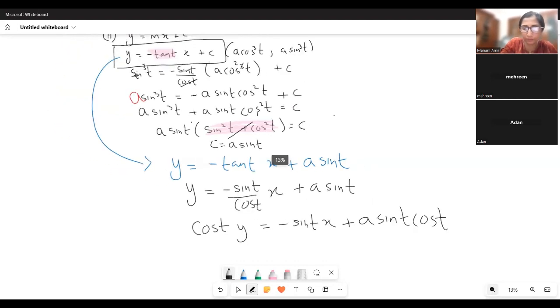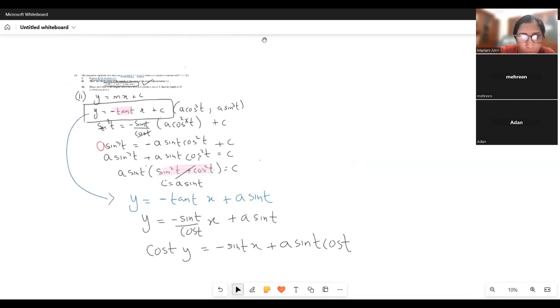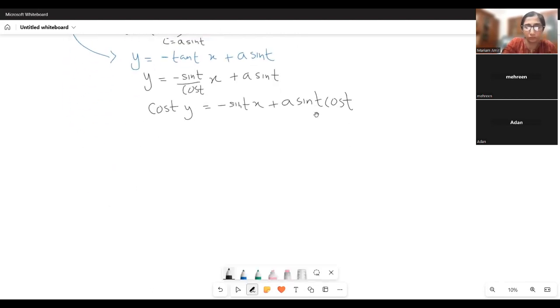Okay, is this the format required? Let me check. x sin t has come, plus y cos t has also come, equals to a sin t cos t. Yes. So just move x and y terms to the same side. So it's going to be sin t x plus cos t y equals a sin t cos t.